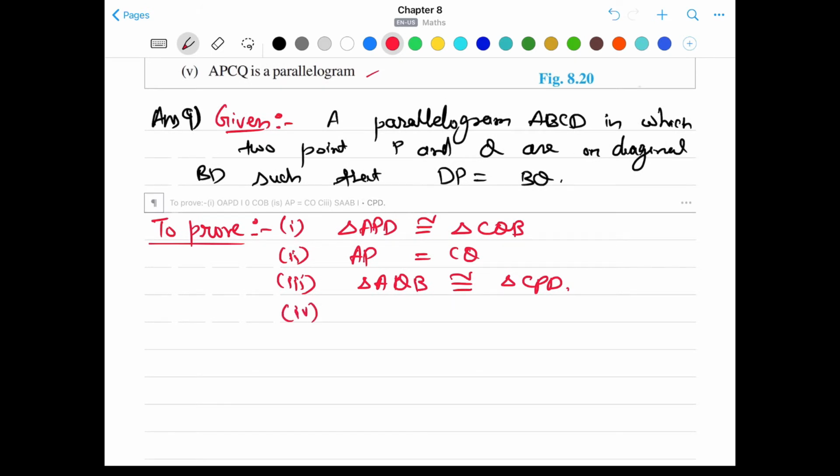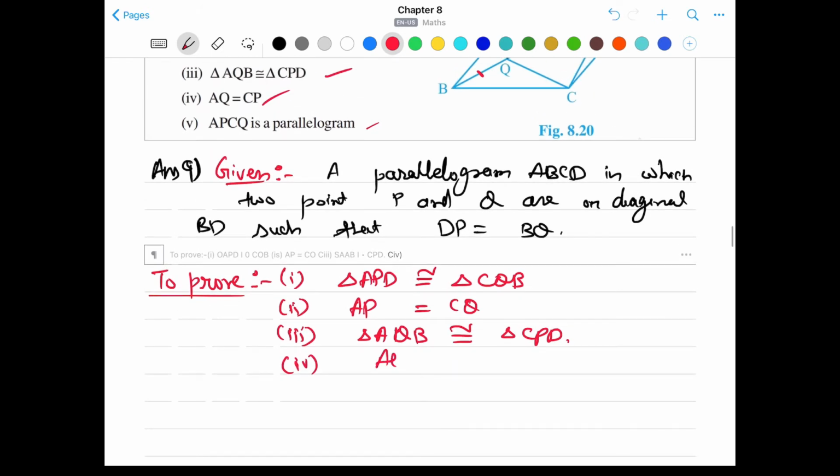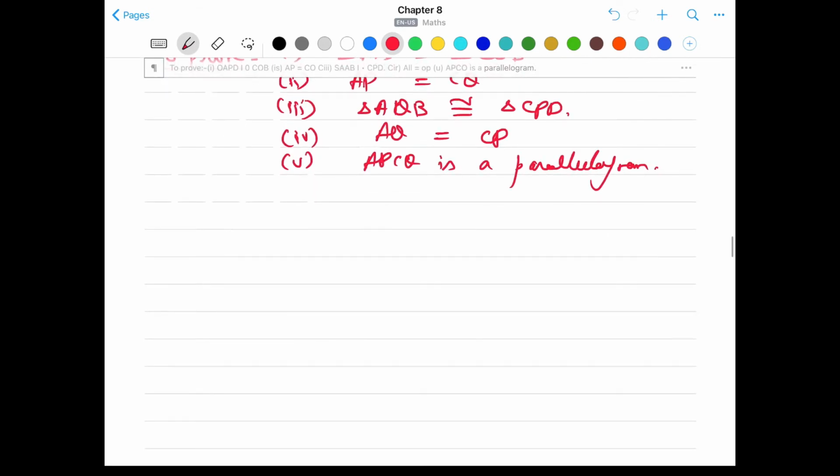Next, AQ is equal to CP, and lastly, APCQ is a parallelogram. Okay, so let's start one by one.